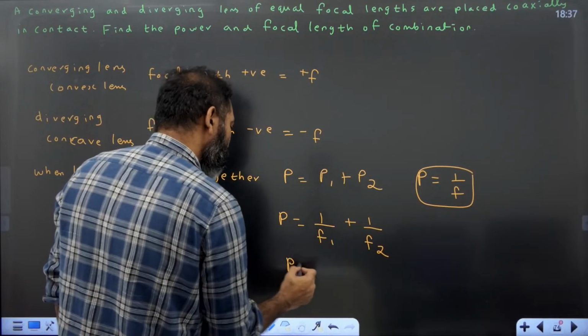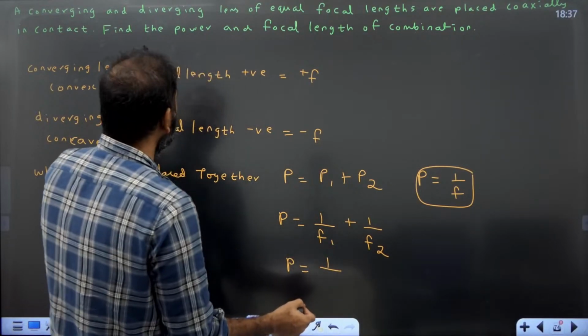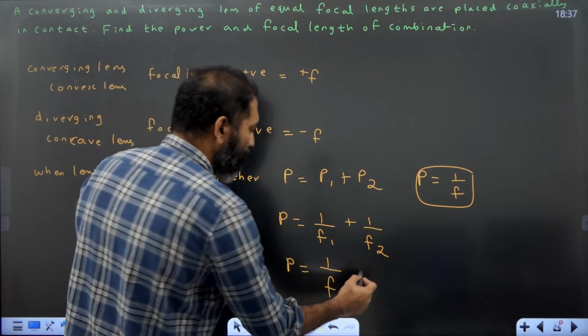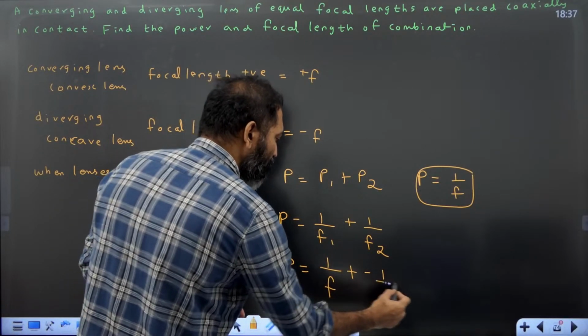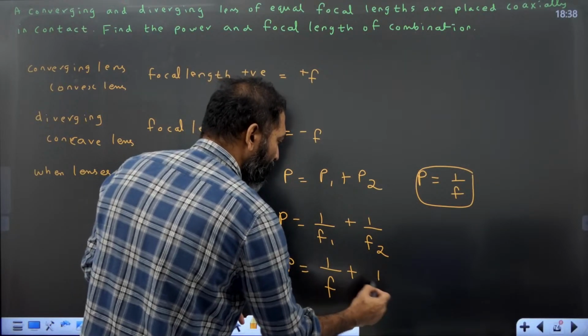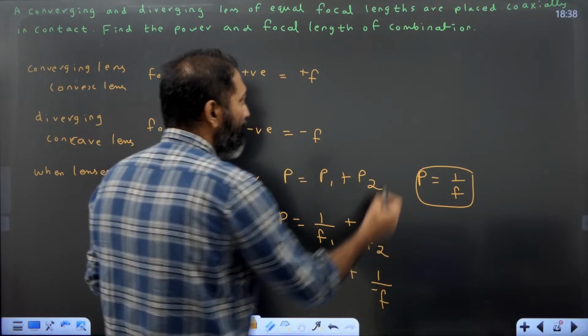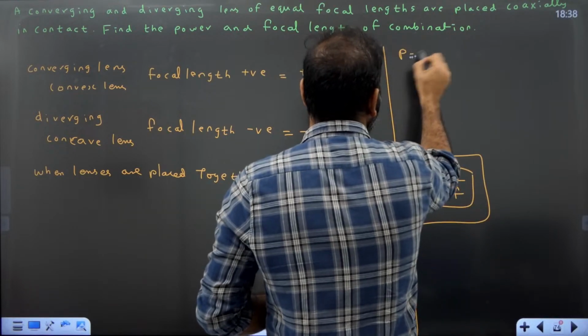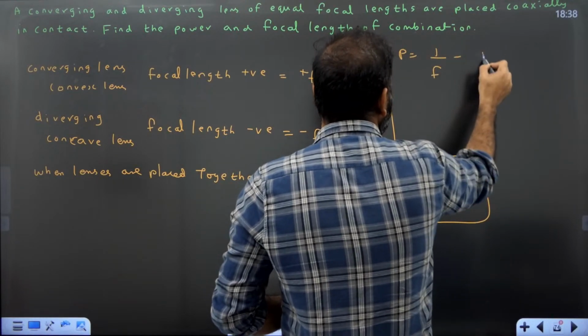Now 1 by f1, first case, converging lens, so 1 by plus f. Second case, diverging lens, so plus 1 by minus f. That means power is equal to 1 by f minus 1 by f.